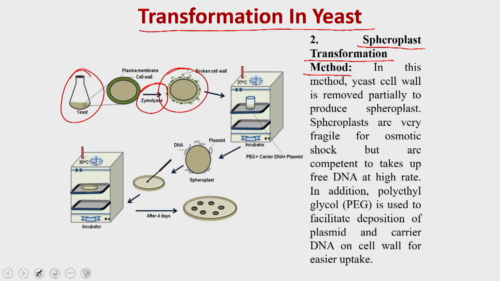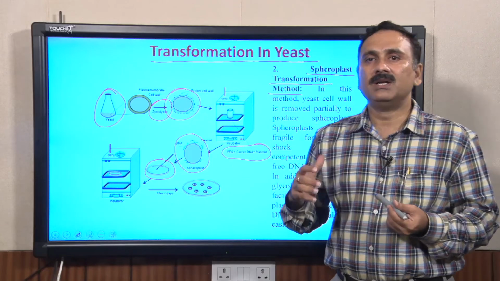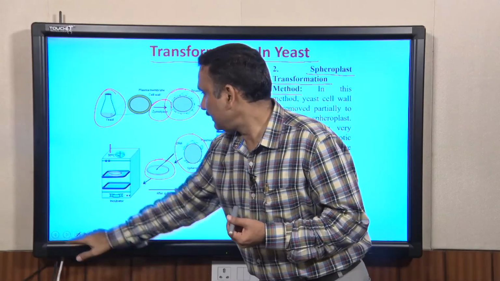Then you add the DNA plasmid as well as PEG to the spheroplasts, and that is how the spheroplasts take up the DNA. Then you do the plating and incubate at 30 degrees for 4 days, and that gives you the transformed yeast cells.